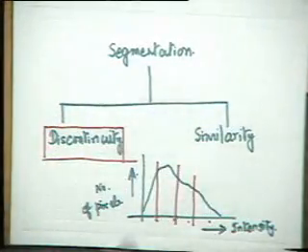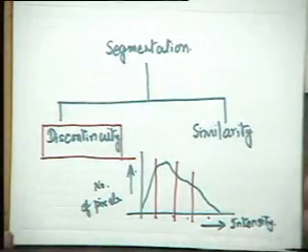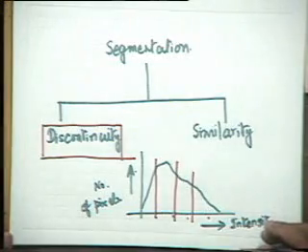Now, before we go over to discontinuity based image segmentation, I'd like to point out one or two other things. We normally consider static images, or rather still frames where we have a single frame available with us, and from that image we are interested in finding all the similar regions, or partitioning it into different blocks.